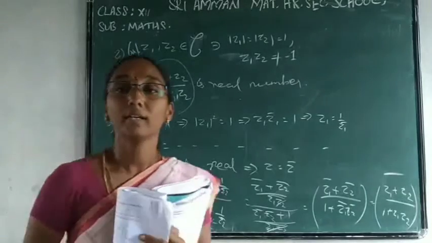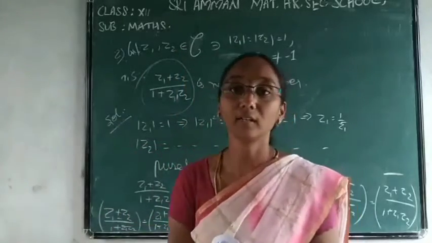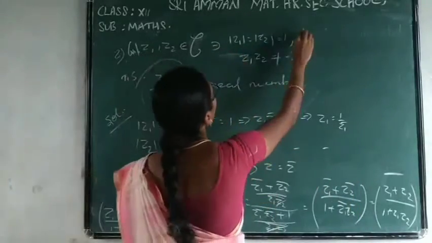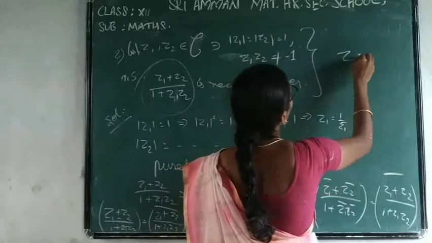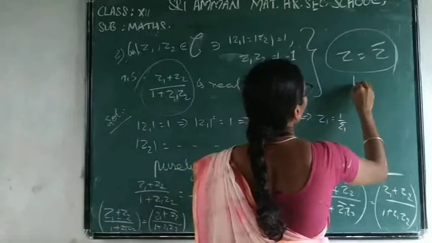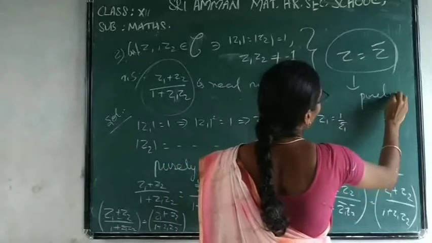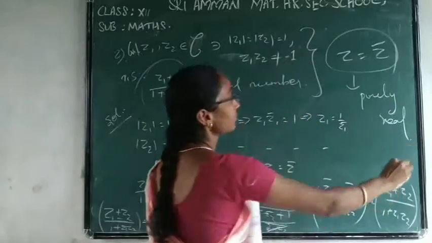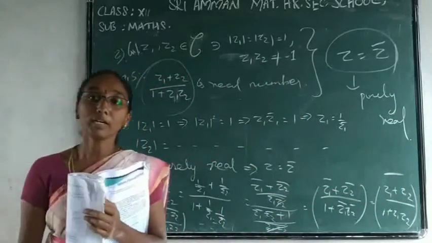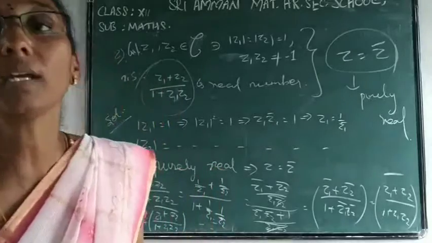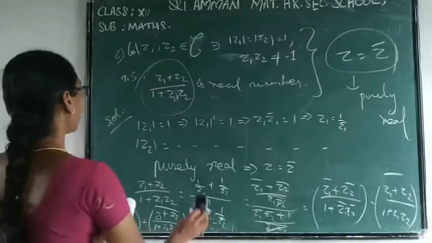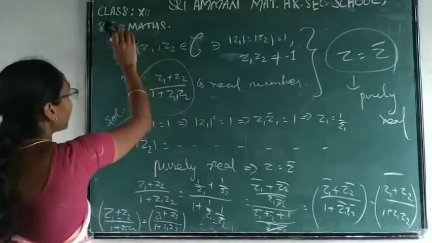So this part is the real number. In this question you prove this way: z equal to z bar is purely real. This is the hint for the second question, Exercise 2.5.